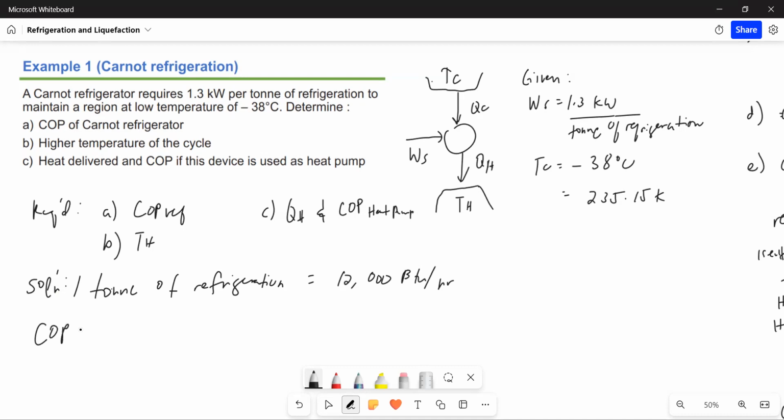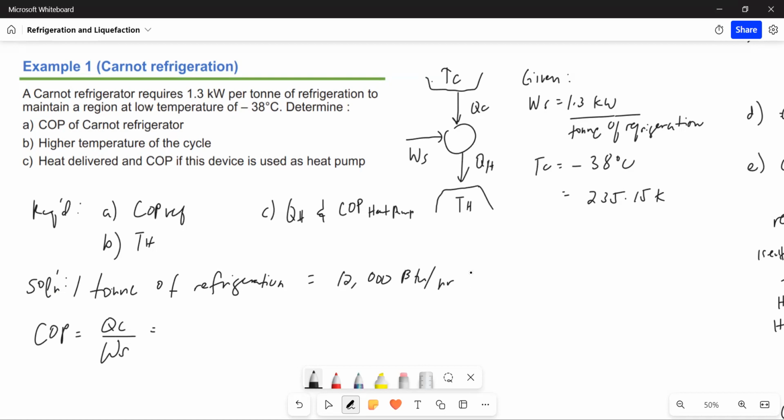We write this formula for the COP of a Carnot refrigeration cycle. It's QC over work shaft, since there is no pump in the Carnot cycle.